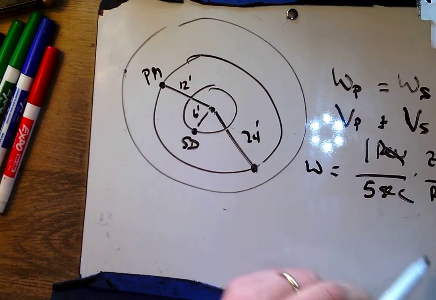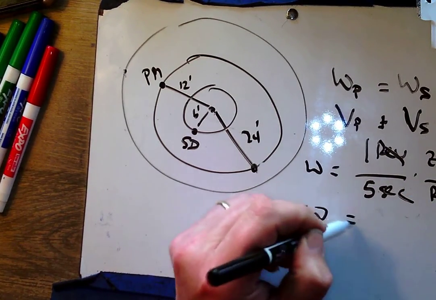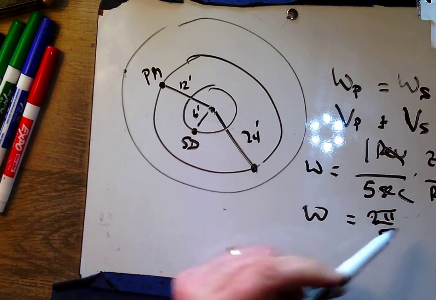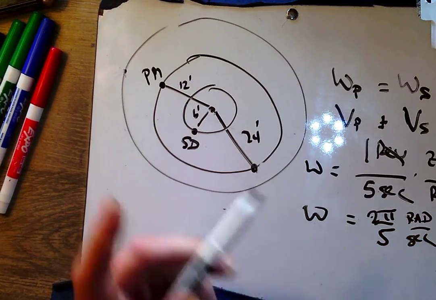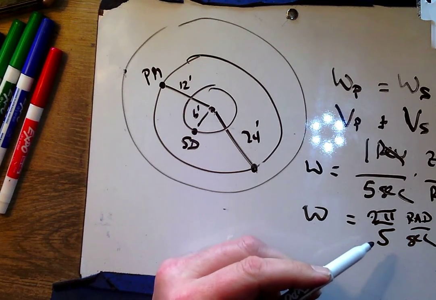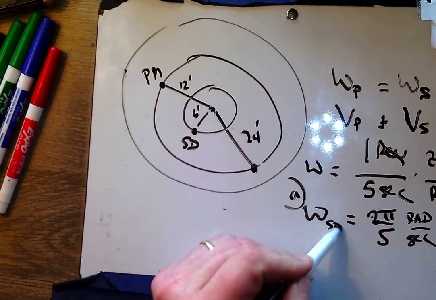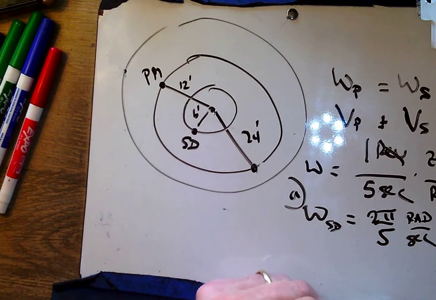And so I've got 2 pi over 5. Angular velocity is 2 pi over 5, and these are going to be radians per second. So part A, what's the angular speed of the sea dragon? 2 pi radians every 5 seconds.